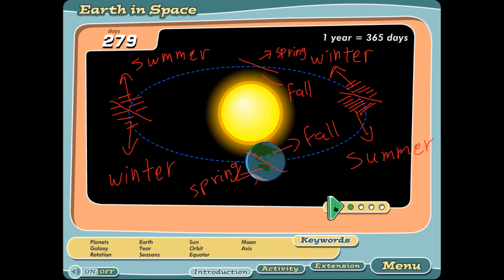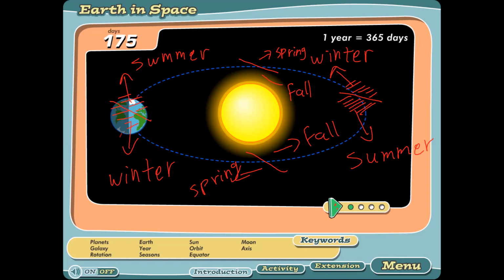So this phenomenon happens because the Earth orbits the Sun, and while it orbits the Sun, its axis is inclined. Sometimes that makes the north part inclined toward the sun, or tilted toward the sun, so they have summer, and the other part away from the sun, so they have winter.